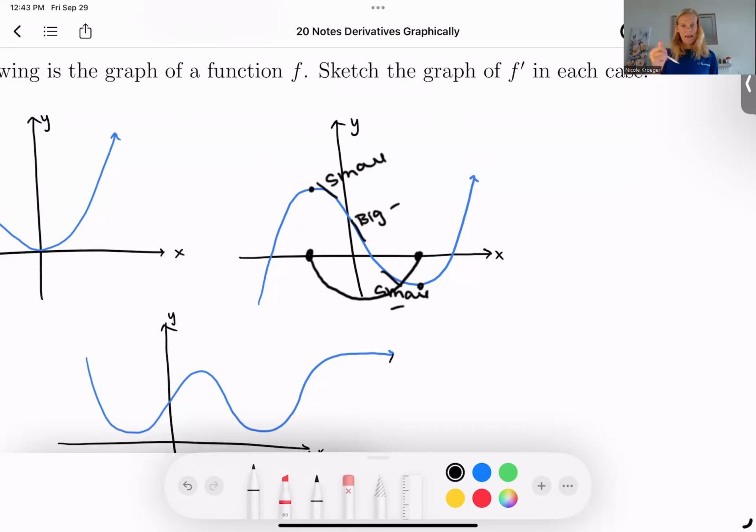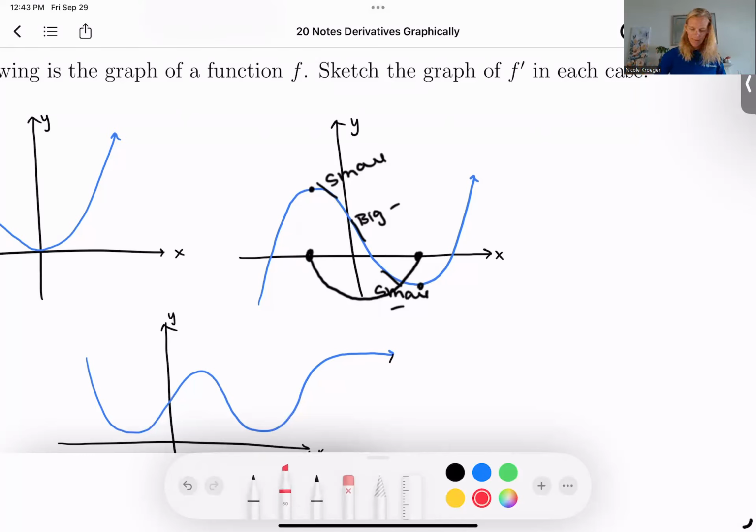These are all negative numbers, so the y values are negative: smaller negative numbers, bigger negative numbers, smaller negative numbers. The thing that I'm graphing right now is the derivative. The y values of this graph should be the derivatives of the original function.